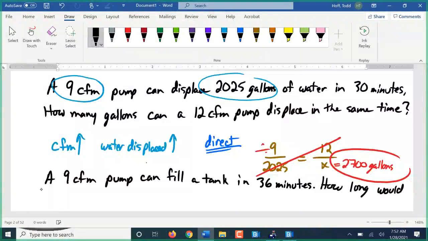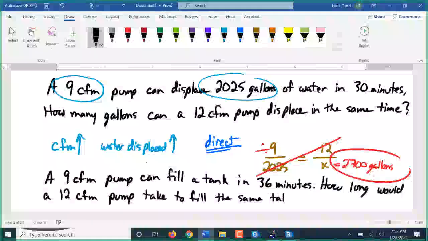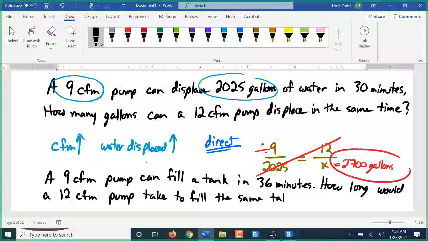How long would a 12 CFM pump take to fill the same tank? Again, assuming the tank was emptied, meaning it had to be refilled. This looks like a very similar situation. It's very similar wording, but it's very different mathematically.